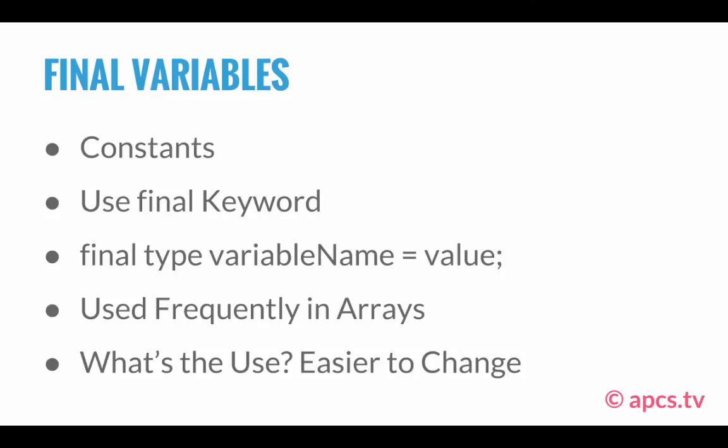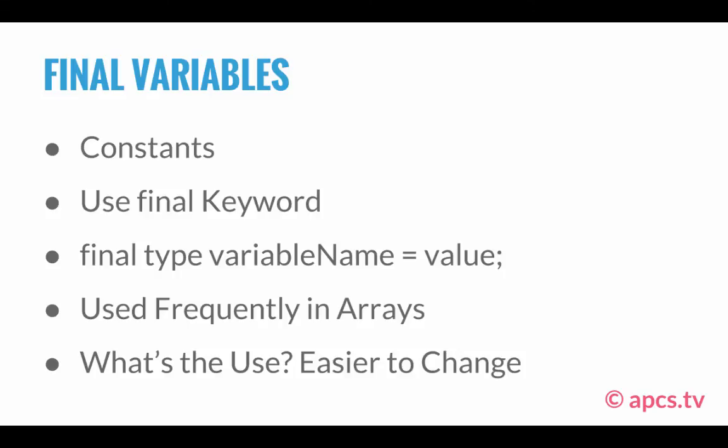Then what's the use? You have to completely change every part of your program from 25 to 52. It's easier if you had referred to the variable everywhere in your program. So instead of 25, you put the variable name, and then everywhere else everything would automatically be changed simply by changing the value from 25 to 52.